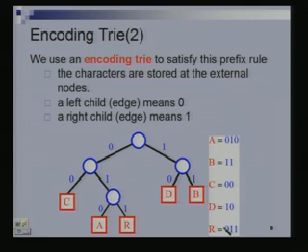So, a code which satisfies the prefix rule can be represented as a tree, in particular as a trie. Okay. So, in this trie, recall the trie that we had discussed in the last class, the branching was a 26-way branching, but here our branching will only be a 2-way branching.